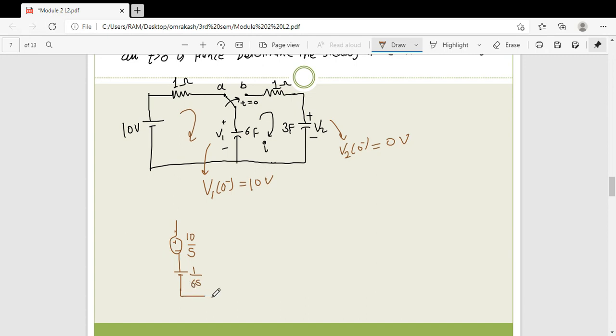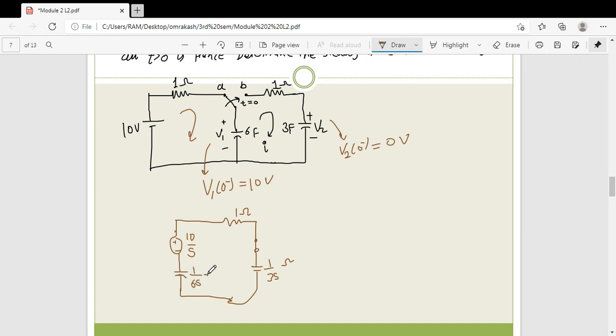Now this circuit is connected to this 1 ohm resistance, and what is the value of V2? V2 की वैल्यू क्या है? इनिशियल, I mean 0 minus पे 0 volt है, right? So this is a short circuit, and what is the value of this 3 farad, it becomes 1 by 3s, right? 1 by 3s, and this is in terms of ohms, and this is also in terms of ohms, right?